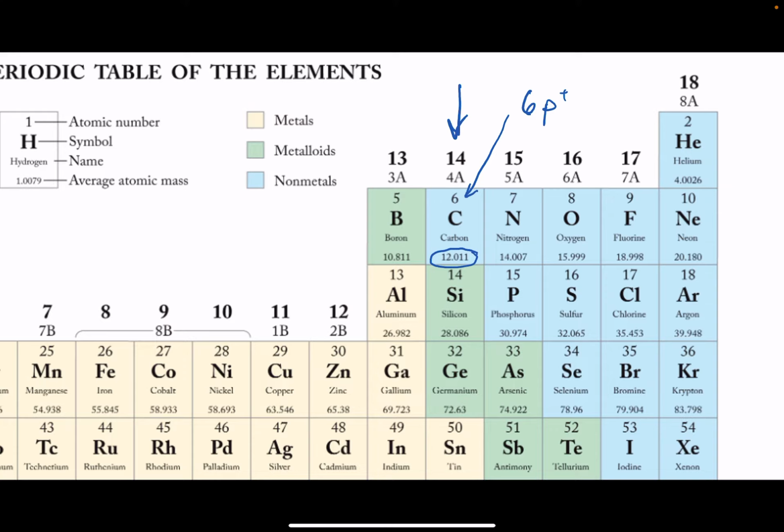So here what we have is the average AMU value, atomic mass unit value, for the carbon element, and we incorporate all the information about isotopes in here. So the atomic masses on the periodic table are the average atomic mass.